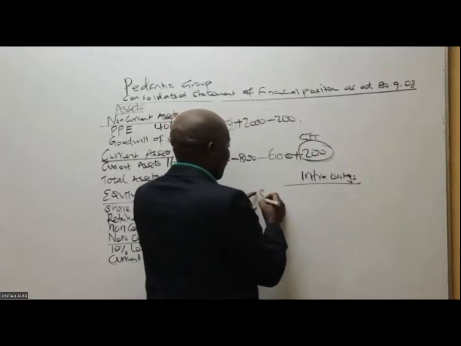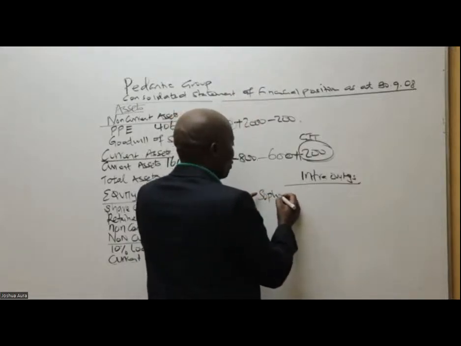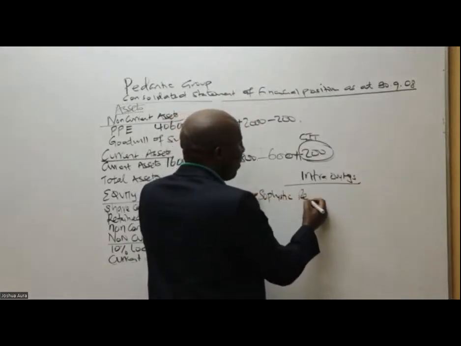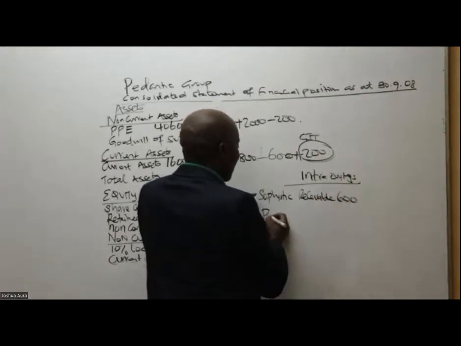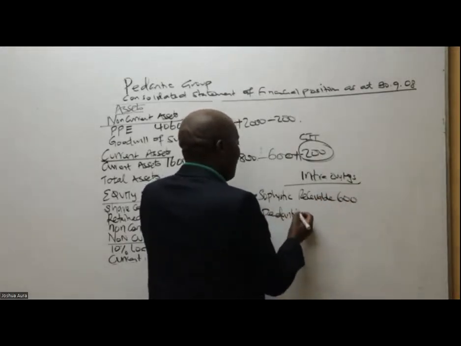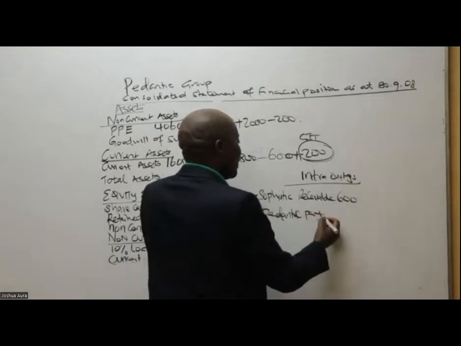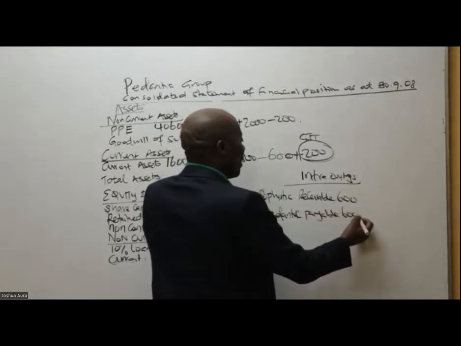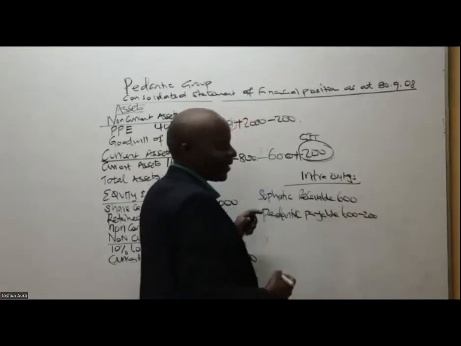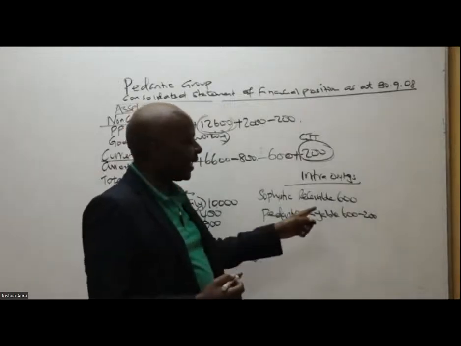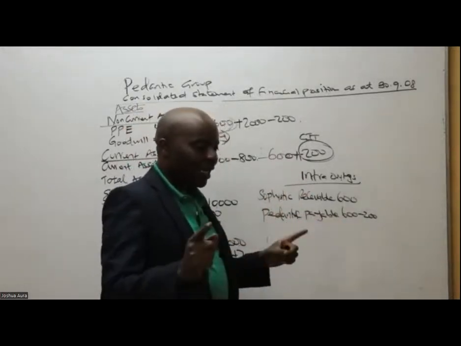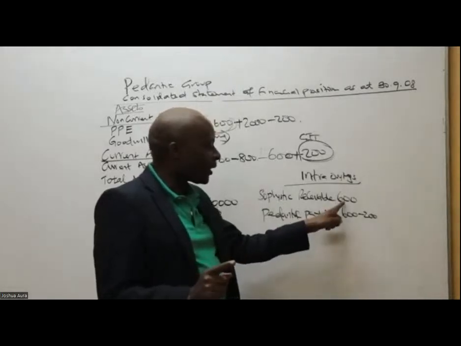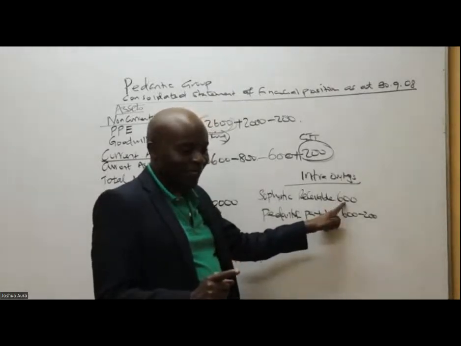Tuko na sophistic receivable 600. Tuko na pedantic payable 600, but remember they released 200 as cash in transit. Yeye aka release, aka adjust book zake. Lakini huyu hakuadjust book zake sababu hakuwa amepata hiyo pesa.